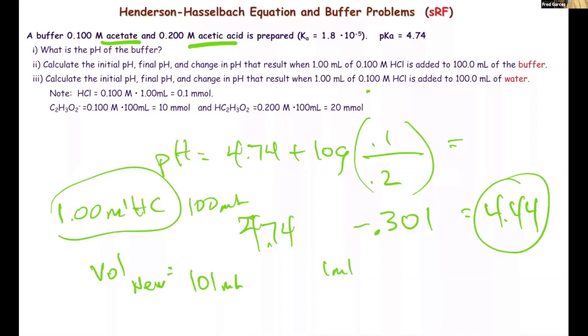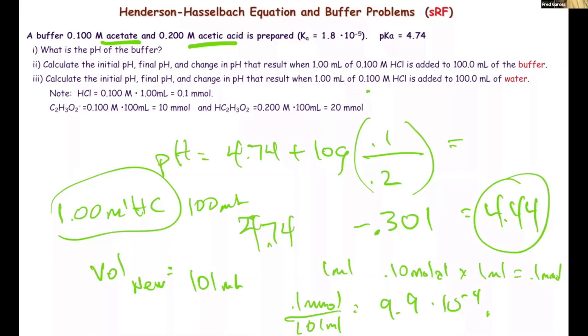So 0.1 molar times 1 milliliter is 0.1 millimole. 0.1 millimole divided by 101 milliliters is our new concentration, 9.9 times 10 to the minus 4 molar. So the pH, that's our hydrogen ion concentration, is just going to be the negative log of that number. That's 3.